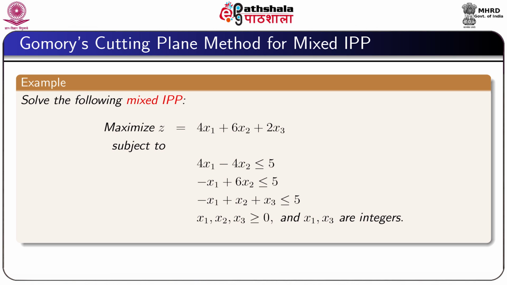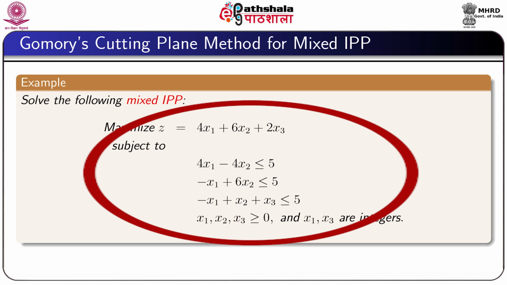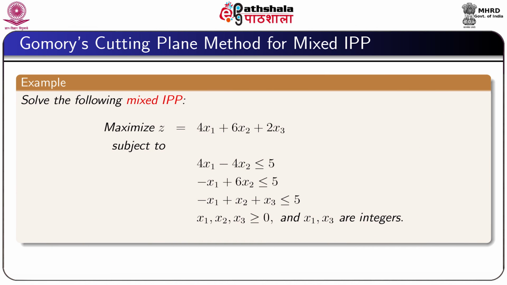Maximize z equal to 4 x 1 plus 6 x 2 plus 2 x 3, subject to 4 x 1 minus 4 x 2 is less than equal to 5, minus x 1 plus 6 x 2 is less than equal to 5, minus x 1 plus x 2 plus x 3 is less than equal to 5, where x 1, x 2, x 3 is greater than equal to 0, and x 1, x 3, these two variables, are integers, whereas x 2 is free to take any non-negative value.